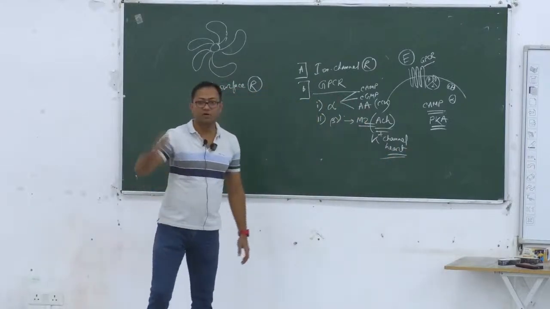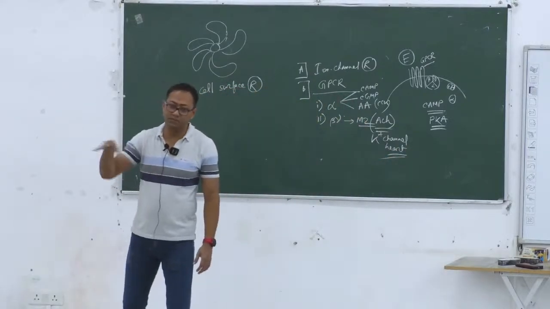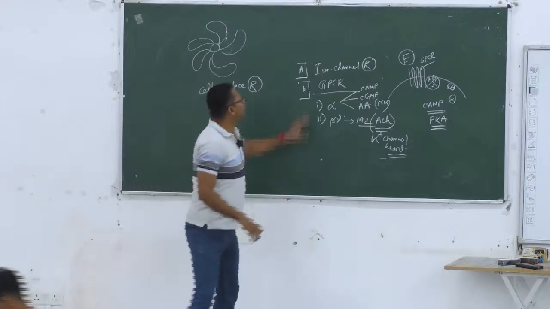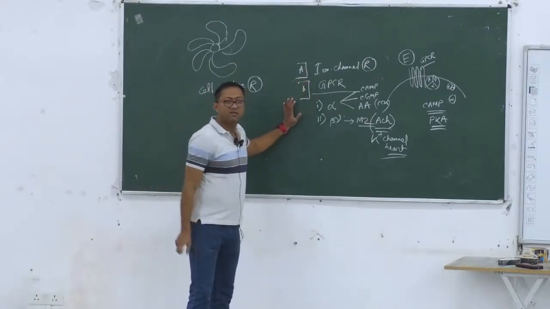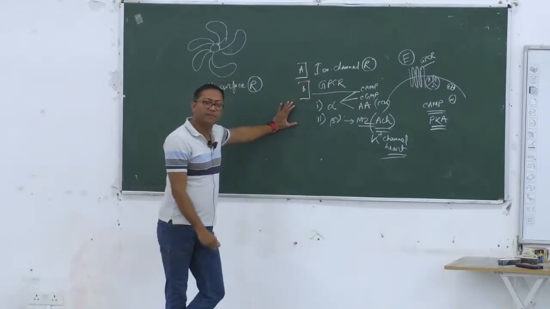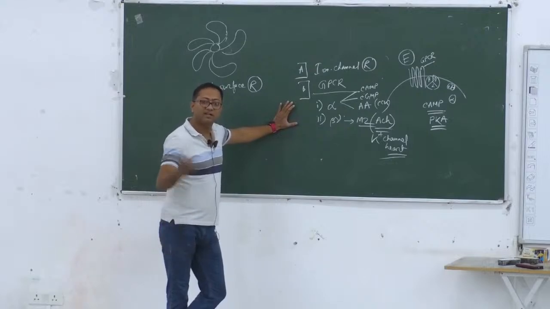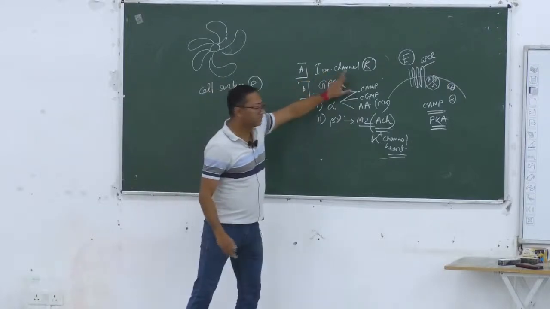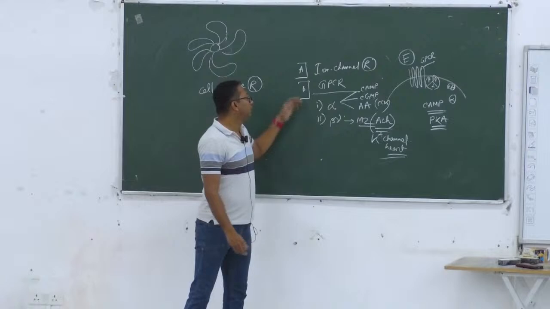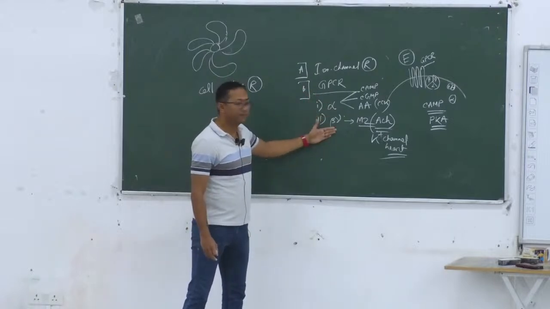So I am not entering into every detail of those classifications. So ion channel receptor classification is done: pentameric cys loop superfamily, TRP, glutamate receptor. So ion channel receptor, right? Under GPCR we have alpha mediated action and beta gamma mediated action.